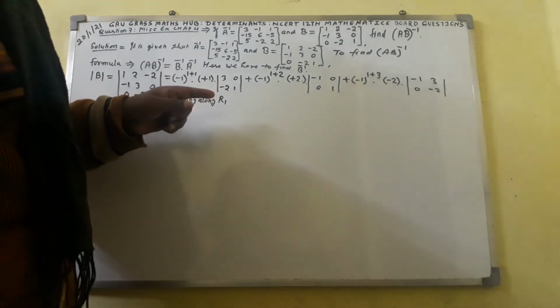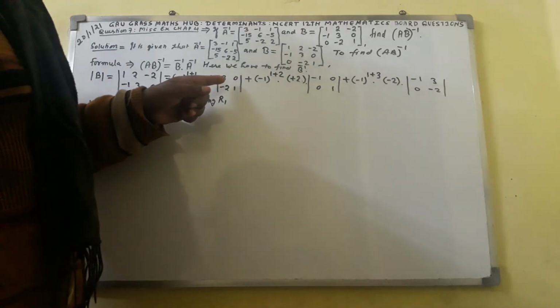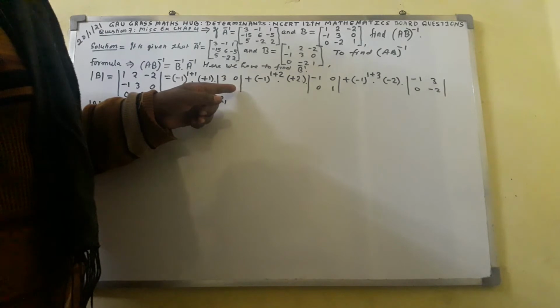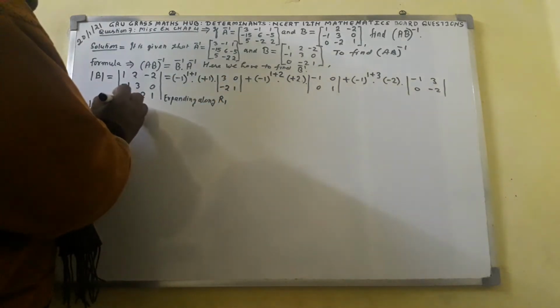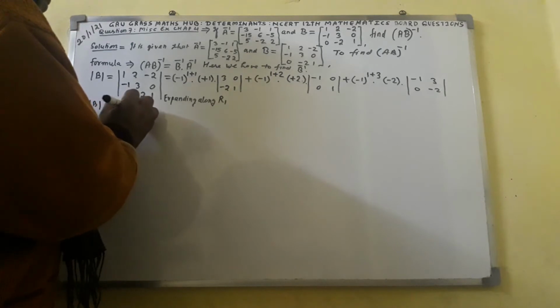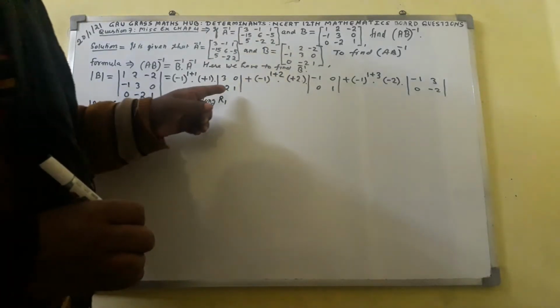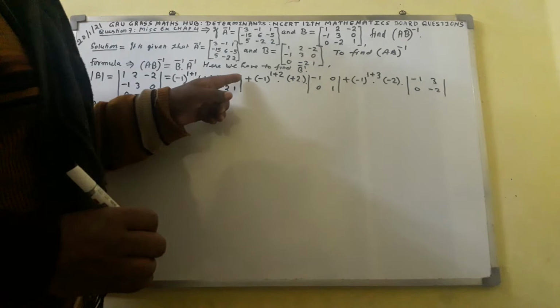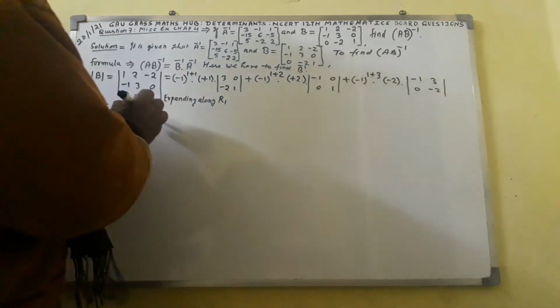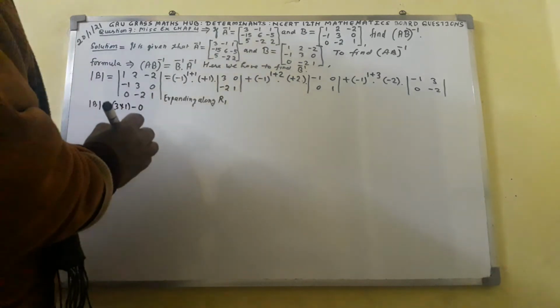The elements of the principal diagonal are 3 and 1, and they will multiply together. So here you will get 3 into 1, minus, and the elements of the reverse diagonal 0 and -2 will multiply together. You will get only 0.